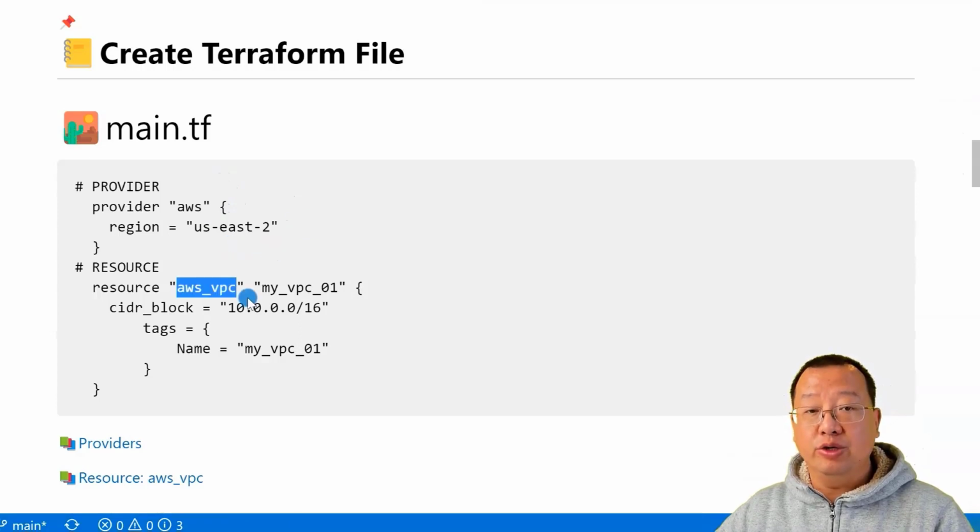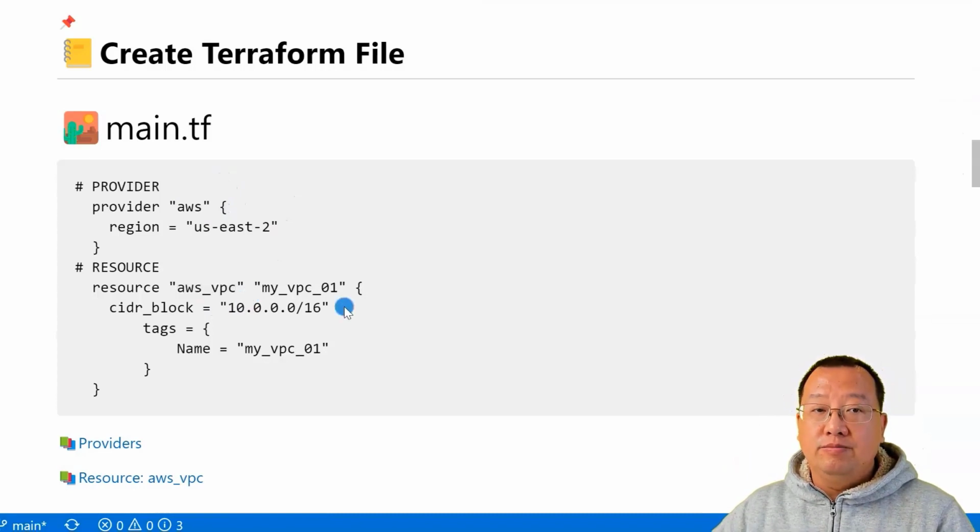Next, we define resources using the aws_vpc type. This resource will create a virtual private cloud on AWS. The CIDR block parameter configures the IP address range for the VPC, and in this case, it is set to 10.0.0.0/16.